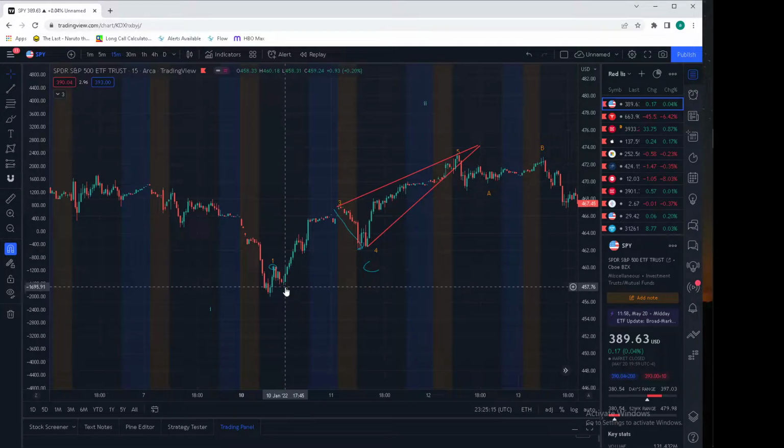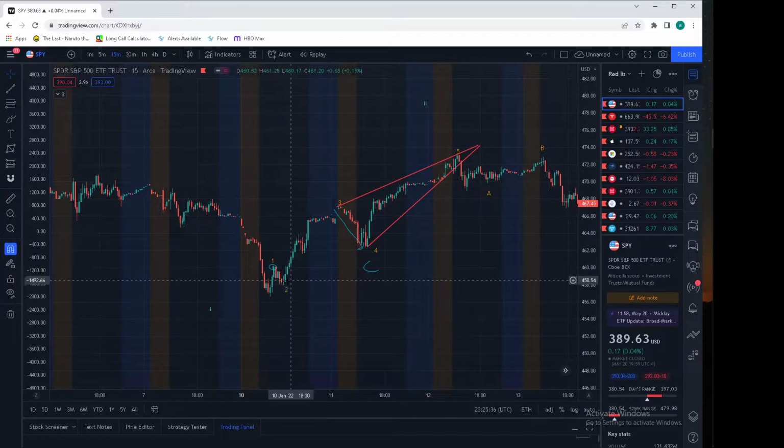Because if it falls below the 456, that's when you cut your position, because that's invalidated your whole thesis for taking that long position.